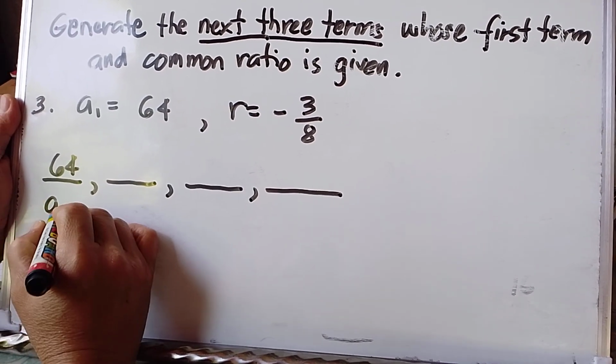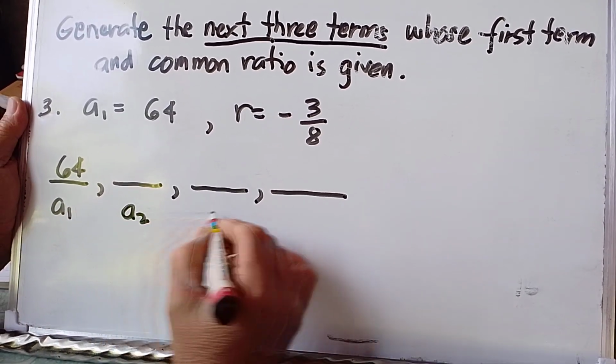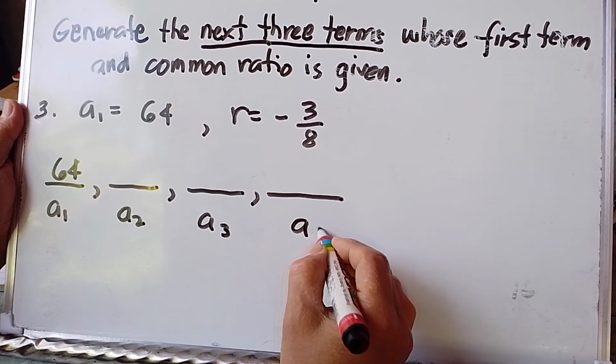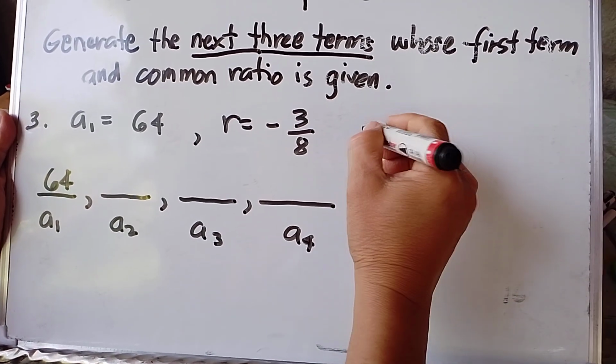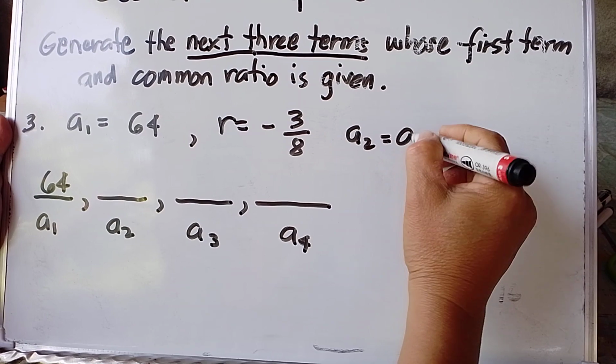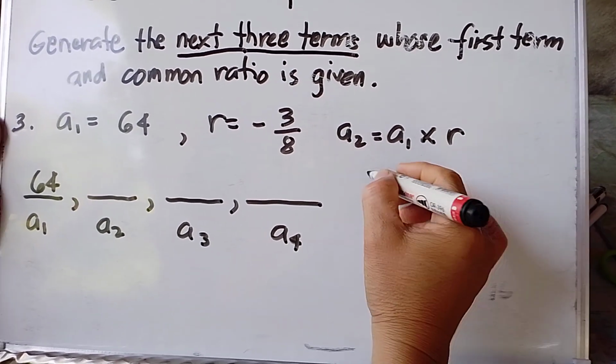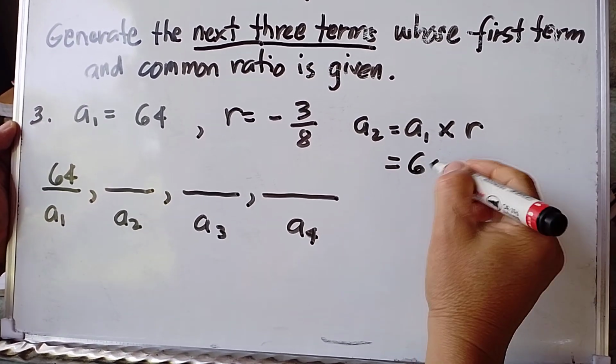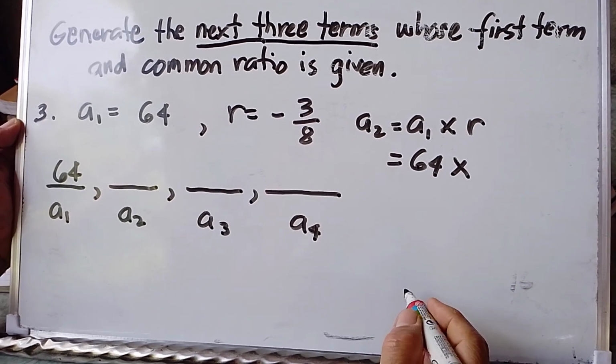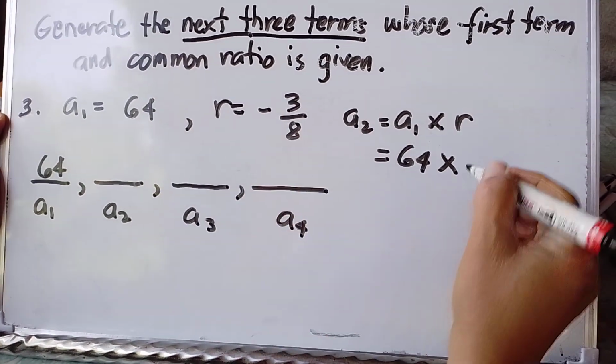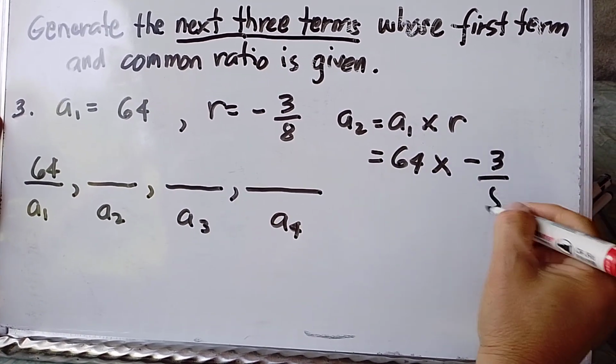We know that this is our a1, the next is a2, a3, and a4. So a sub 2 is equal to a1 times r. So a sub 1 is 64 times our common ratio, negative 3 over 8.